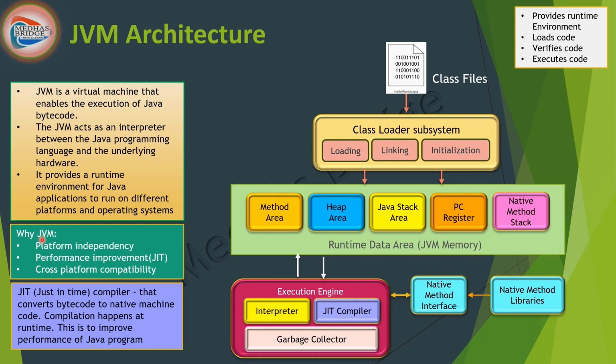JVM basically acts like an intermediate layer between your application code and the hardware specific platform. Okay, performance improvement can be achieved through the JIT using JVM, and JVM also has cross platform compatibility. This is one more important feature.